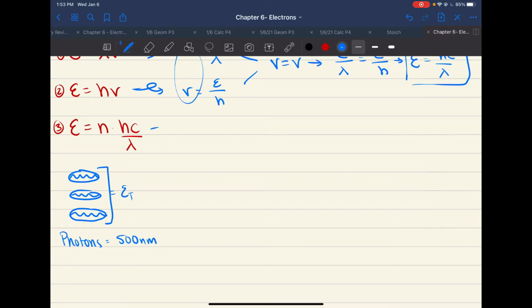So how would we figure this out? Well, this is actually going to be a fairly straightforward plug and chug approach. We're going to take the 500 nanometers and plug it in for lambda. Before we plug it into lambda, we have to convert nanometers to meters, and let me show you why.